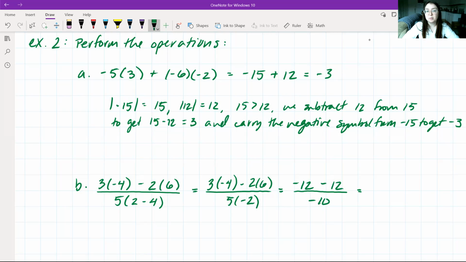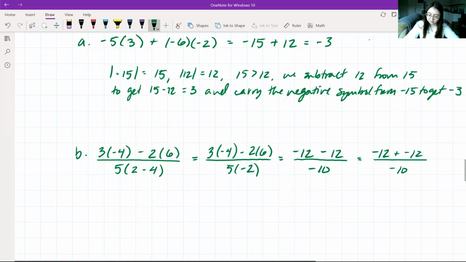So remember, whenever you have subtraction, you can always choose to add the additive inverse instead. So this becomes -12 plus -12 over -10. -12 plus -12 is going to become -24.